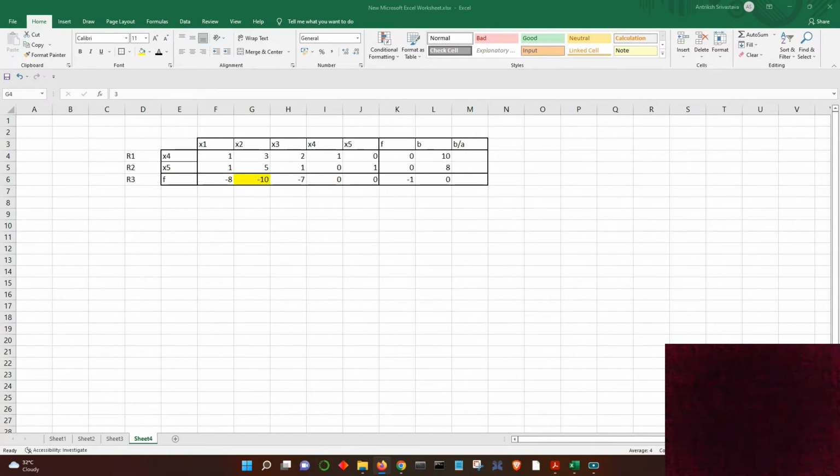I lost the internet connection. It's visible now.